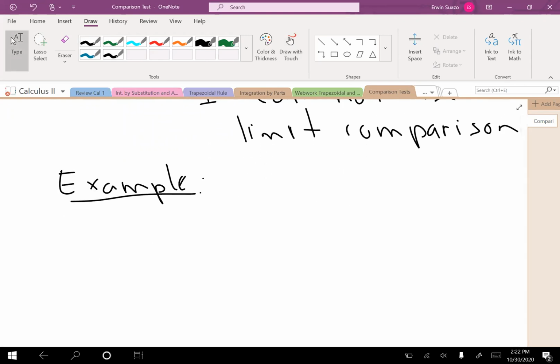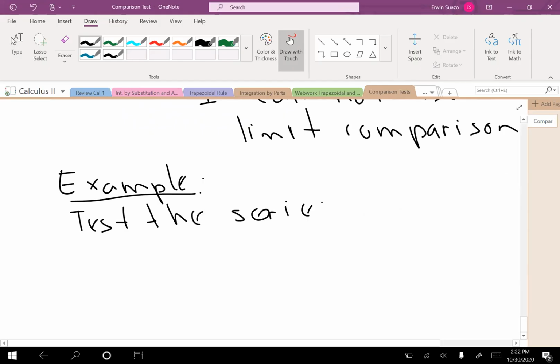Test the series sum n equals 1 to infinity, 1 over 2 to the n minus 1. Test the series for convergence or divergence.